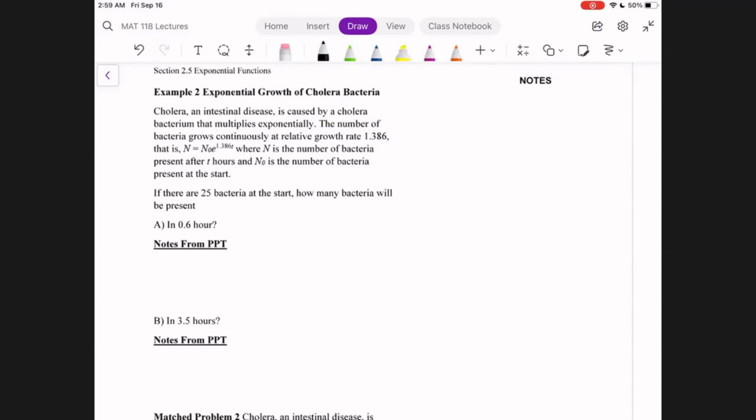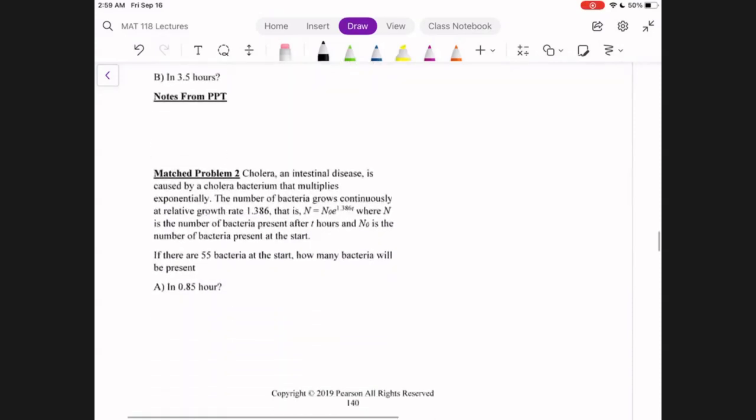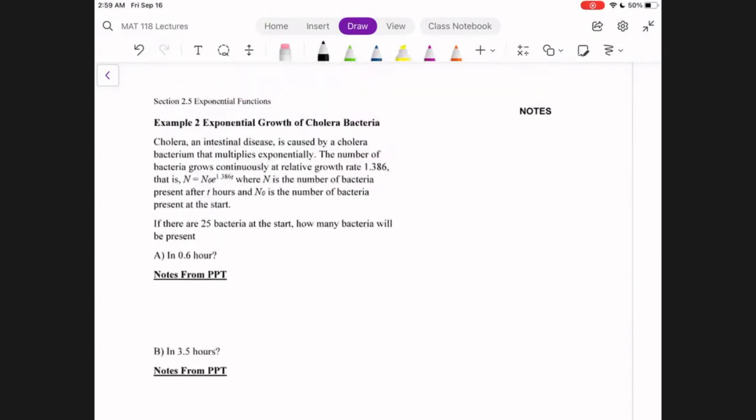So you can use the population one here and practice with this one if you'd like. So you'll see here that it says you need to write it like this, okay? So it has that relative growth rate, okay?